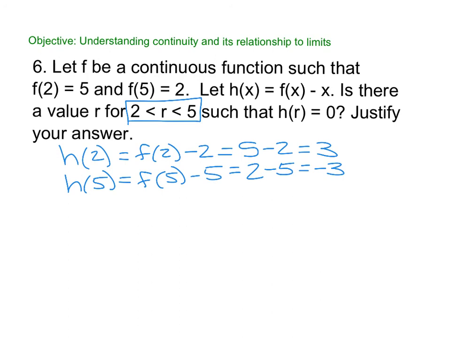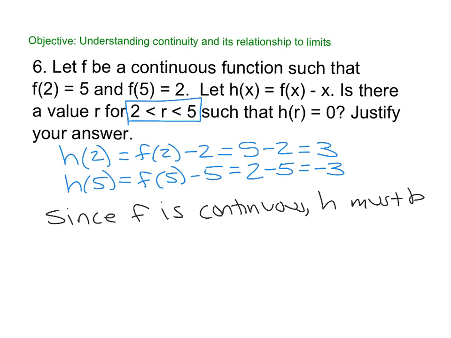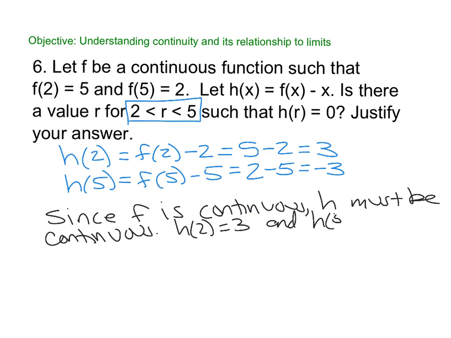Since f is continuous, h is continuous. We have to say that, right? Since f is continuous, h must be continuous. h of 2 is 3, and h of 5 is -3.